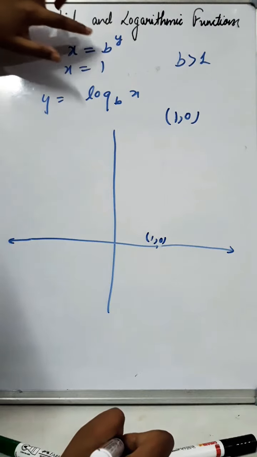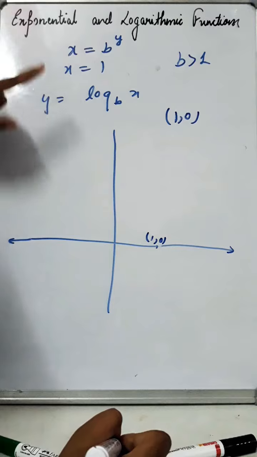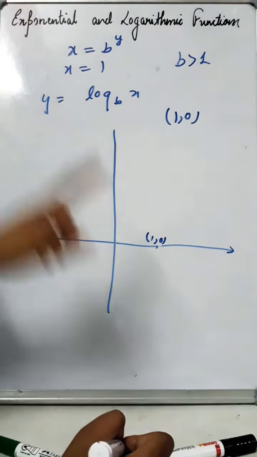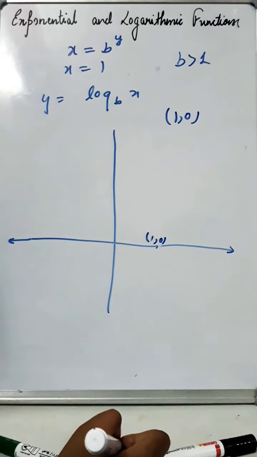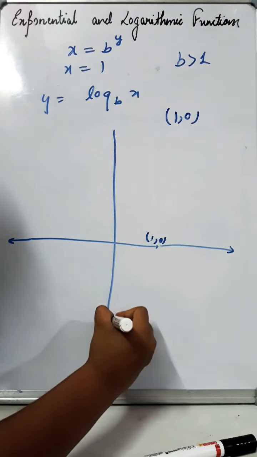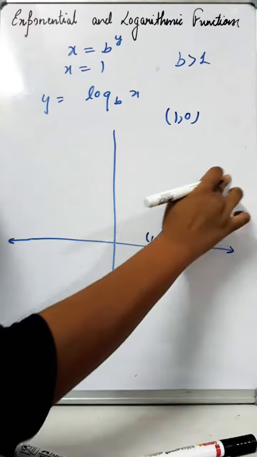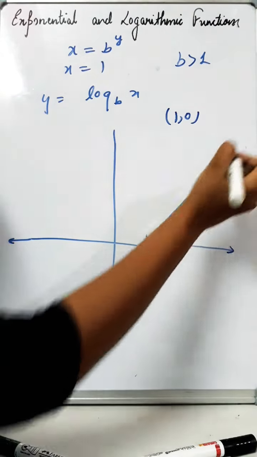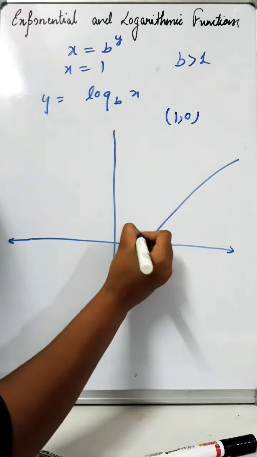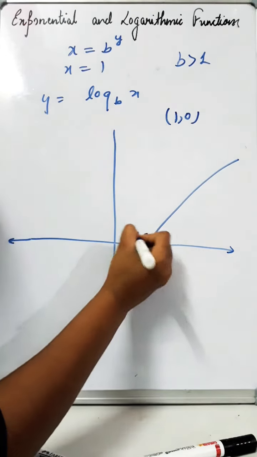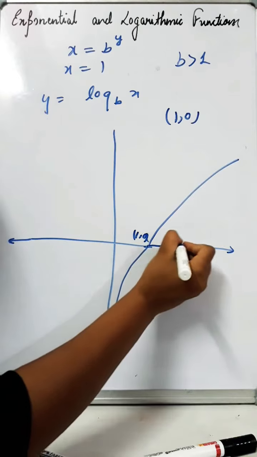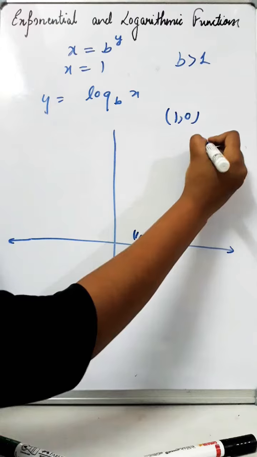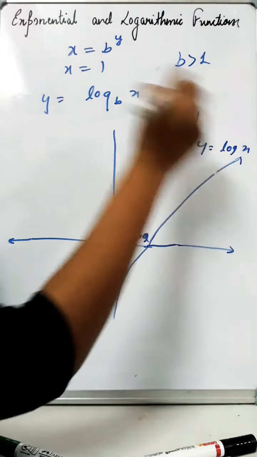Alright, irrespective of whatever your base is, if you put x as 1, then y has to be 0, right? So we'll fix this point, and the graph of log goes like this. This is the point 1, 0. All right. This is how your y is equal to log x graph looks like.